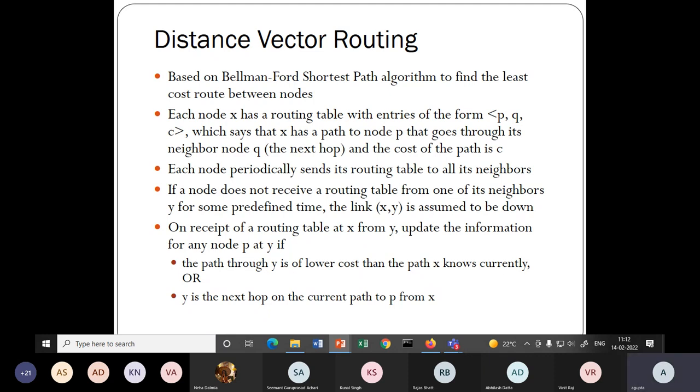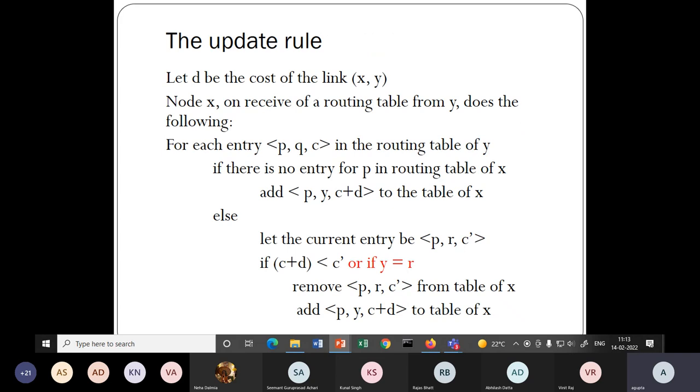The way distance vector works is that every node periodically sends its routing table, all the entries it has, to its neighbors. When I receive a routing table from one of my neighbors, I look at every entry of that routing table.